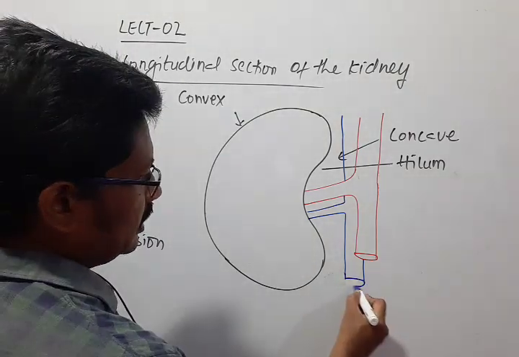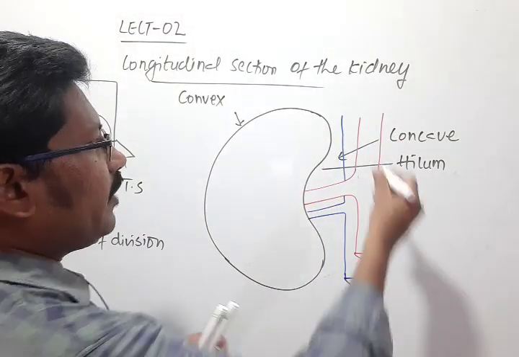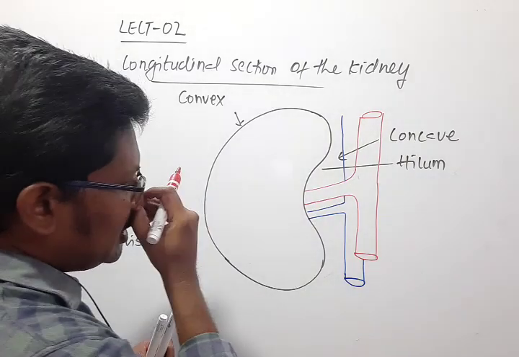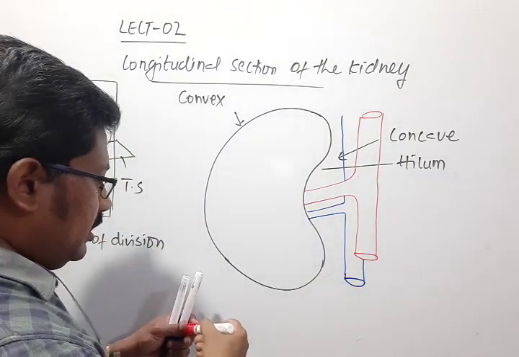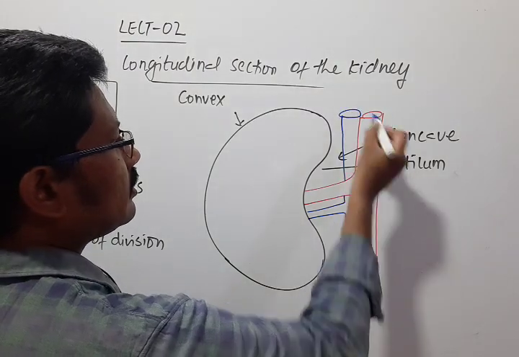So this is the renal artery and the renal vein. Of course, the renal artery is a branch from the aorta. So you can see here.